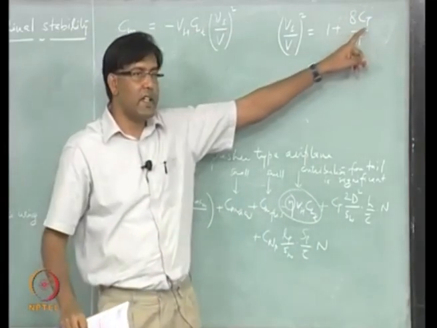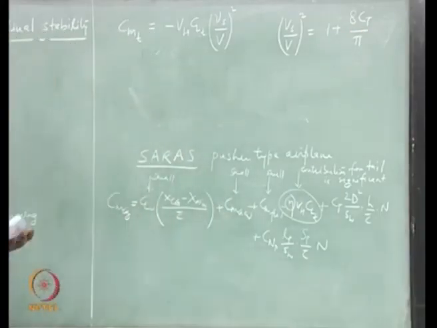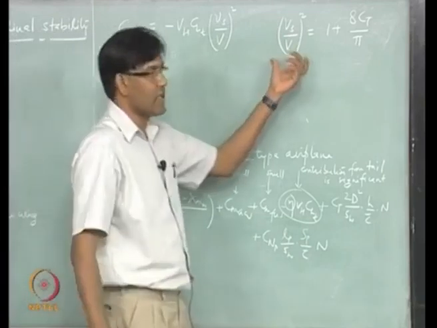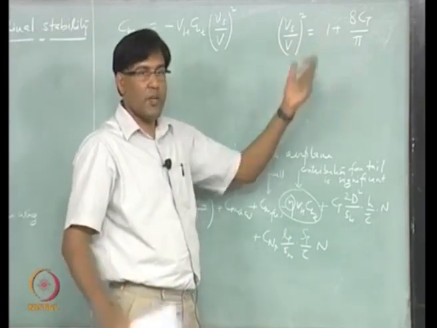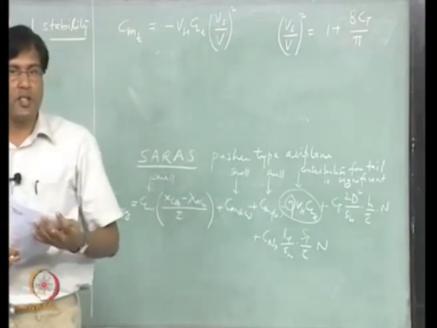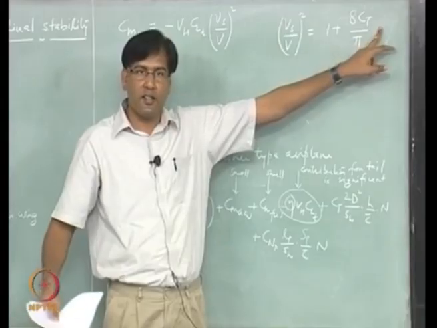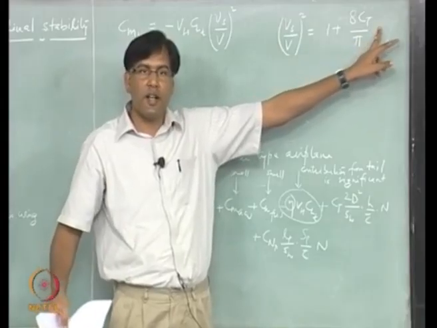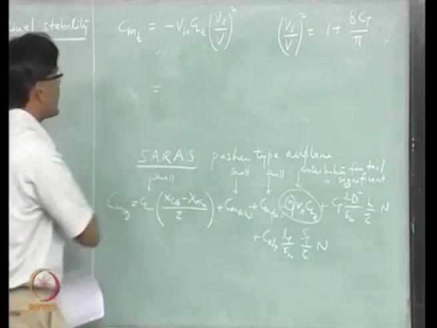Of course, when Ct is 0, when there is no thrust produced by the propeller, then this is equal to 1. But if there is thrust being produced, then you know that this Ct is also going to be a function of Cl. So, let us look at this a little more carefully.